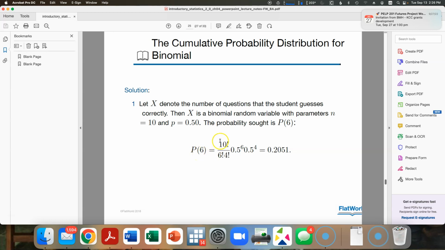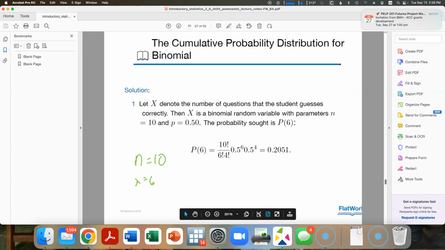Okay. So, the probability of exactly 6 correct would be, again, falling back to our earlier equation, 10 factorial over n minus x, which would be 6, because that would be 10. Let's write this down here, just so we don't get too confused. n is equal to 10, x is equal to 6. So we have n factorial over x factorial, n minus x factorial.